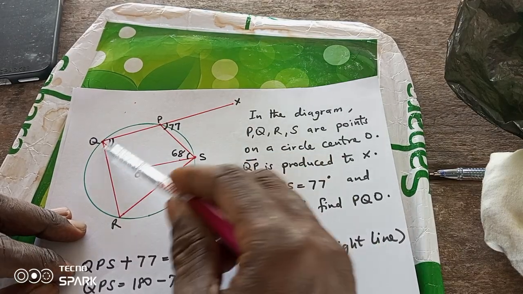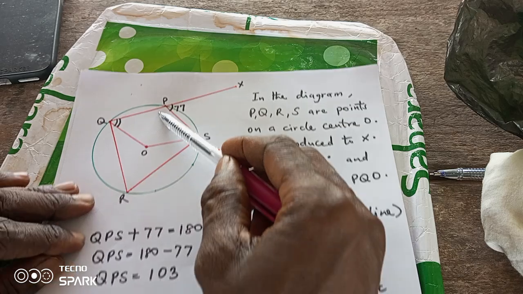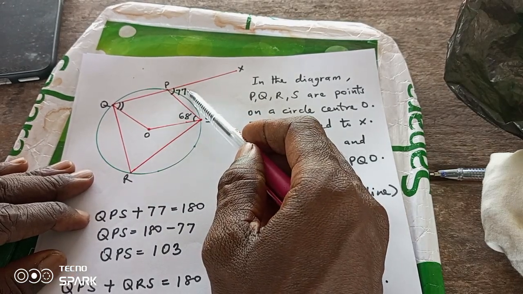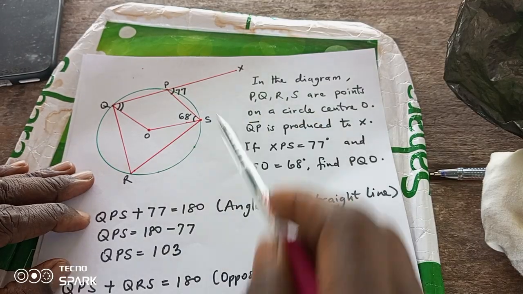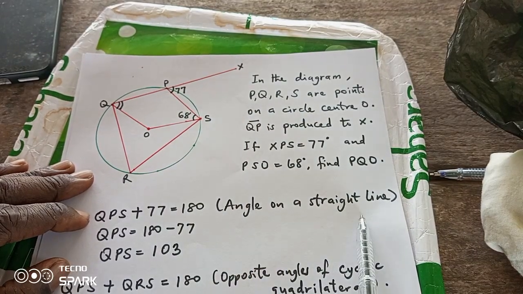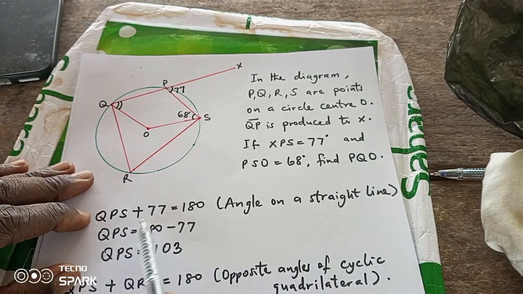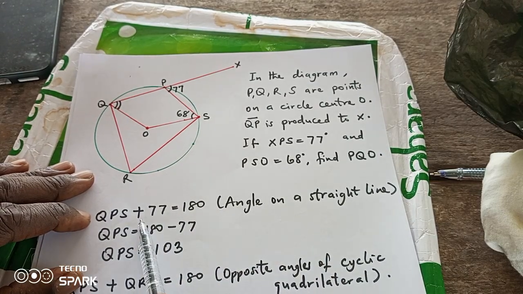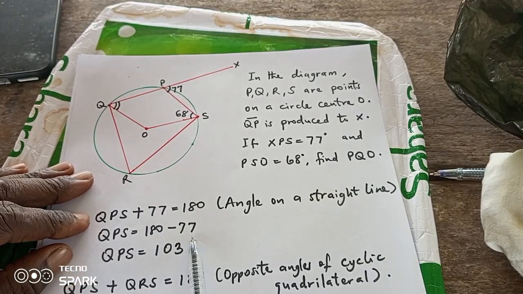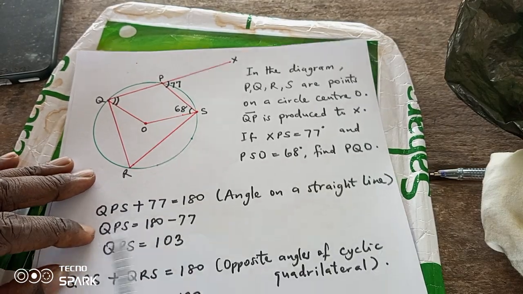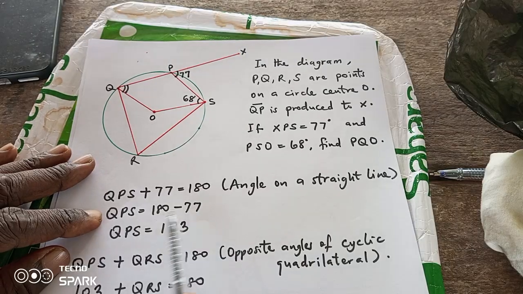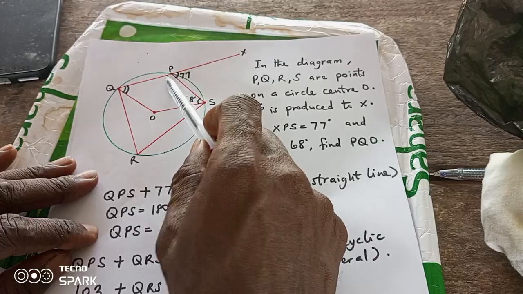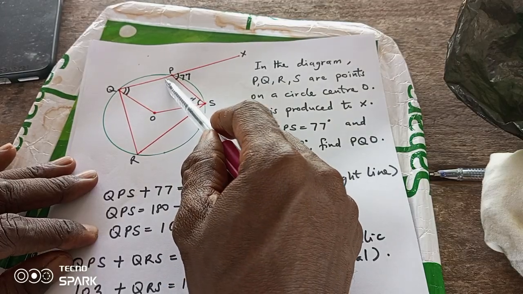So when you add QPS plus 77, it should equal 180. Why? Angles on a straight line. So if you bring this 77 to the other side, whenever plus crosses the equality sign, it turns to minus 77. So 180 minus 77 is equal to 103 degrees. So the angle here is 103 degrees.